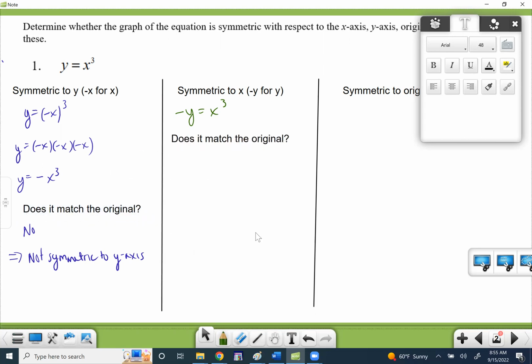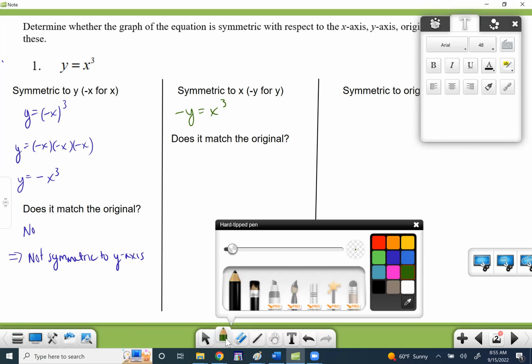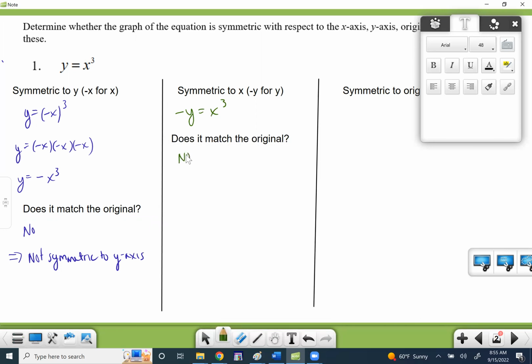The answer again is no. And so that implies that this is not symmetric to the x-axis.